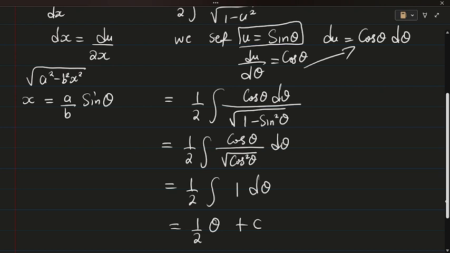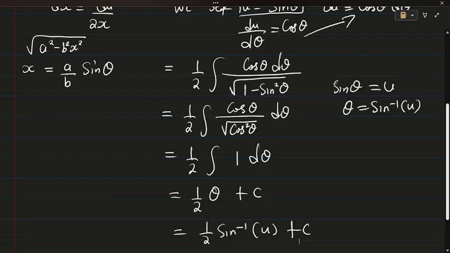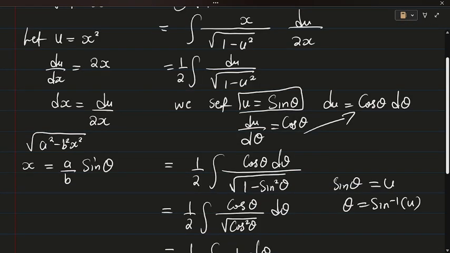So now we're going to have 1 over 2 times the inverse of sine u plus c. But from the beginning, what was our u? Our u, we said it's x squared, so this is going to be 1 over 2 times the inverse of sine x squared plus c.